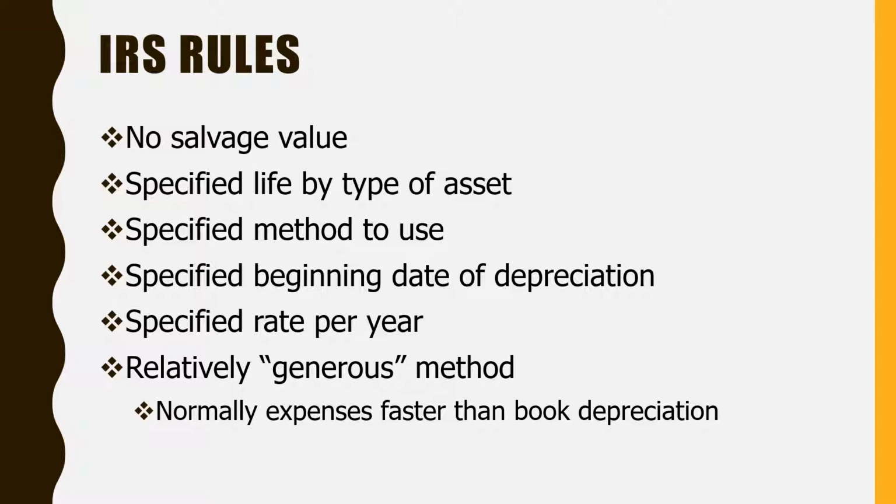The nice thing is, however, the IRS is relatively generous in the way they compute depreciation, meaning they normally expense it faster than you would for your books. The idea there is they want to encourage you to buy those capital assets, so they'll let you depreciate them pretty quickly and get that tax deduction, allowing you to hopefully buy more capital assets, which they think will stimulate the economy.